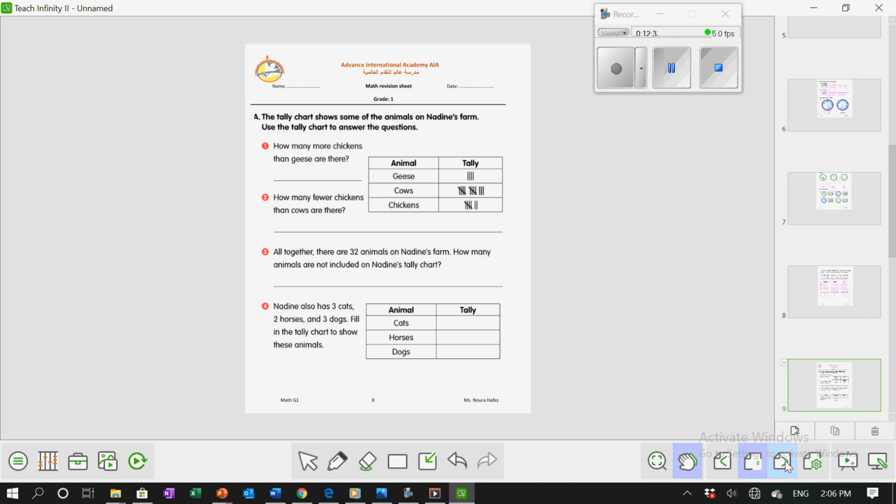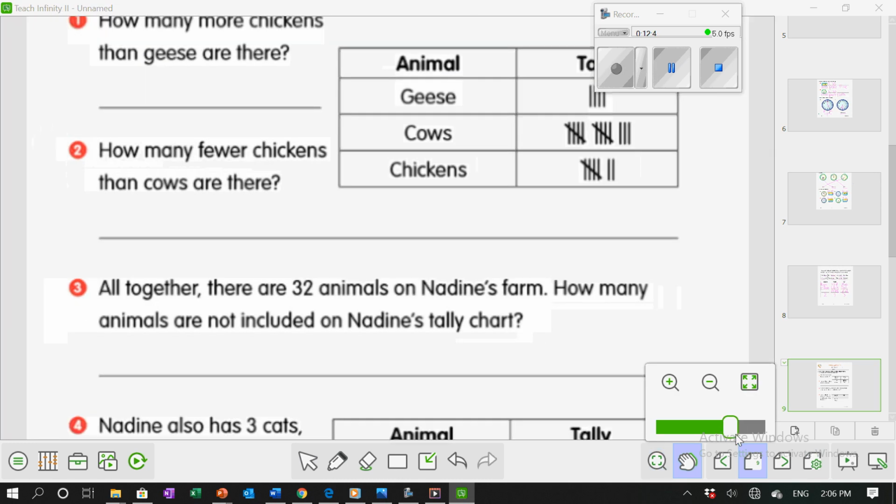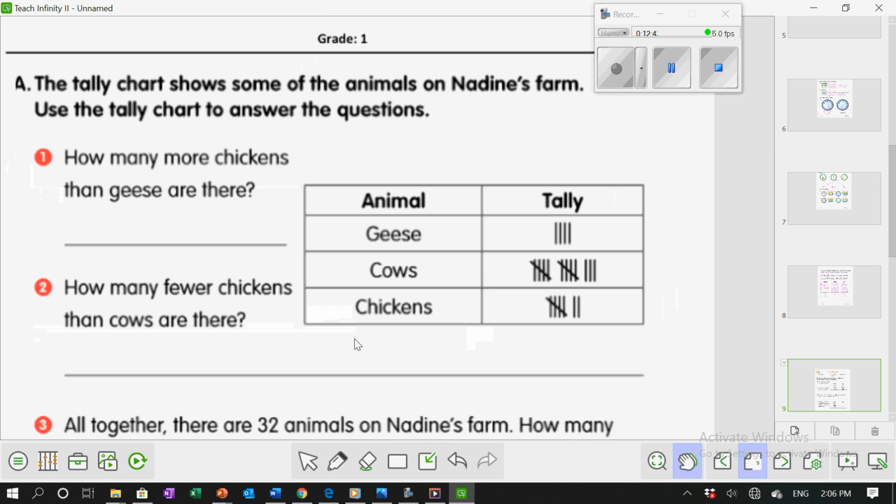Let's see the next. Here are the tally charts. Let's remember how we write tally charts together. Can you remember when I want to represent 2 with tally marks? If I have 2, I draw 2 sticks.